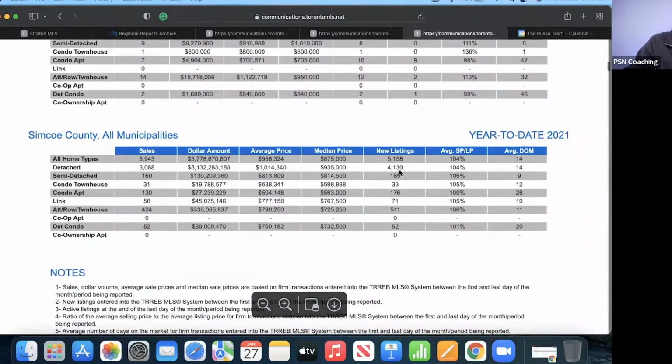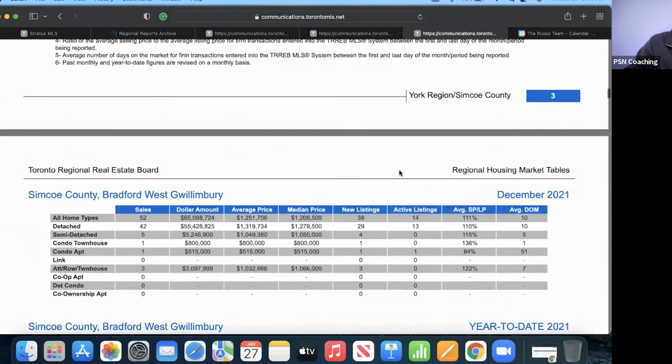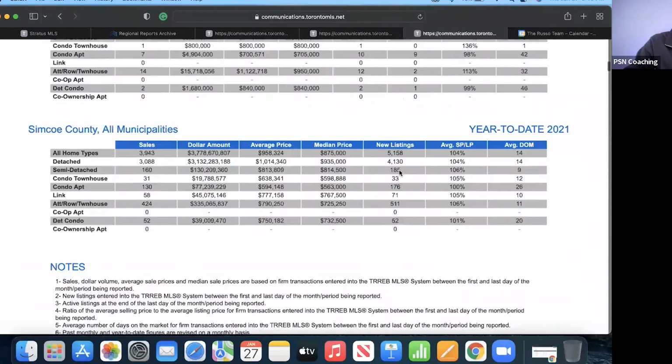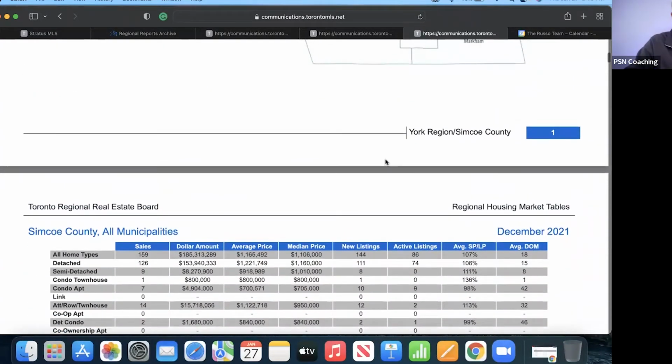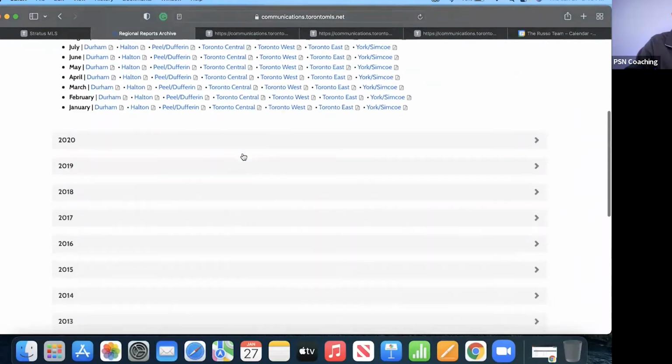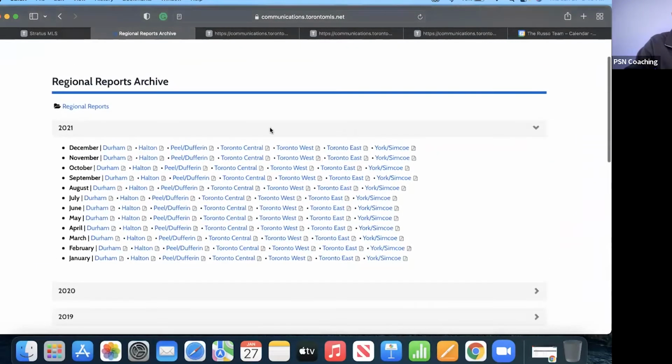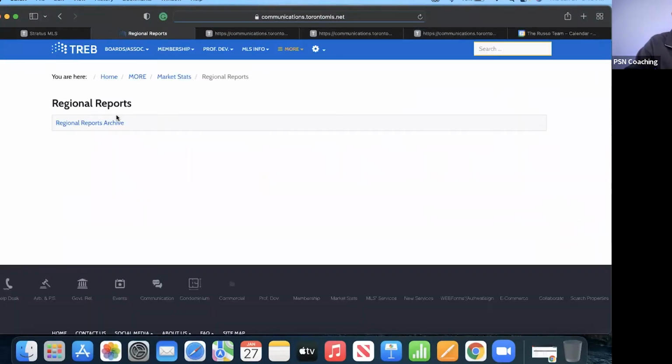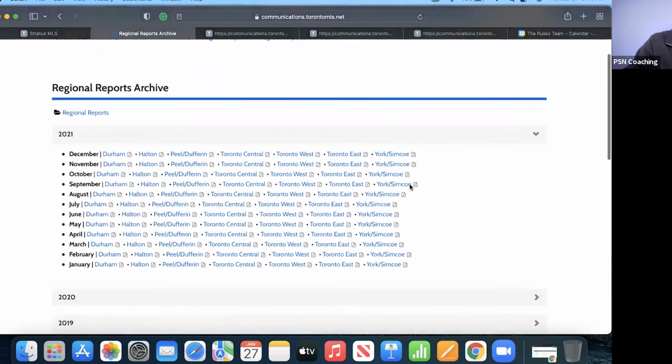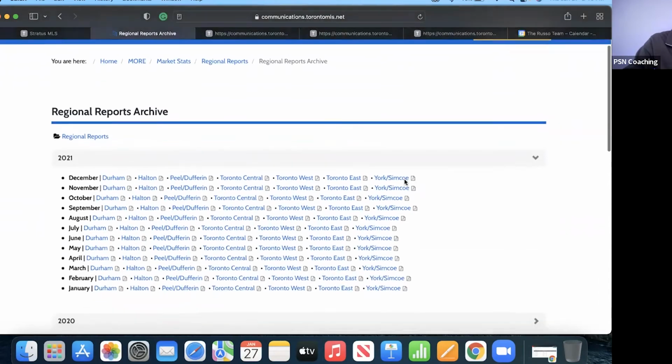and it's going to bring me up to the York Region average prices for December 2021. Let me go back there for a second. Where do I view? Right there. So then we have the regional reports archive. Okay, this is for, no, that's not what I wanted. Hang on.